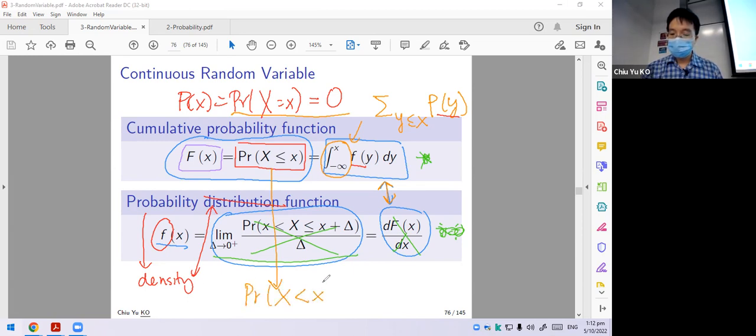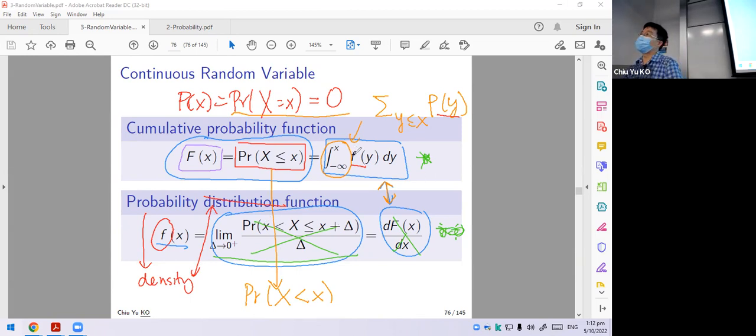Whether you're equal to or not has no difference in continuous, because the probability of the random variable equaling a particular value is 0. That's the only thing to remind yourself: continuous is the same as discrete when you talk about cumulative, and everything goes smoothly.